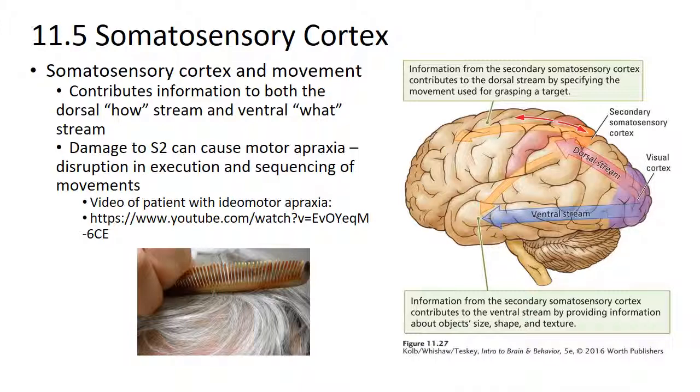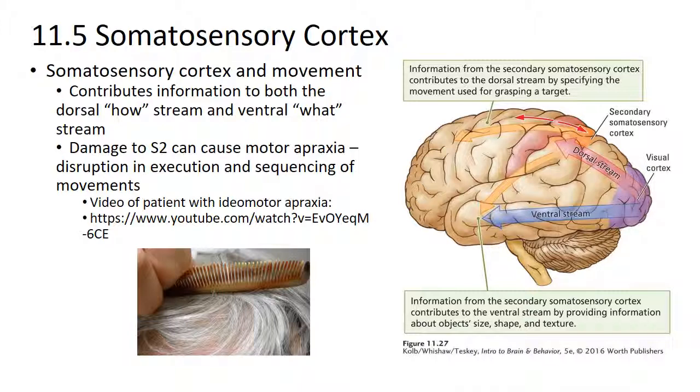Damage to S2, the secondary somatosensory cortex, can cause what's called motor apraxia. There are many different types of motor apraxia, but in general it is a disruption in the execution and sequencing of different types of movements. You can see a video, if you like, of somebody with ideomotor apraxia, which is an inability to imagine movements, to do motor imagery, to mimic movements.